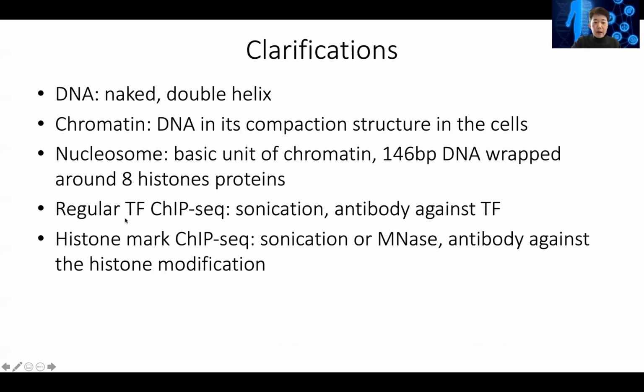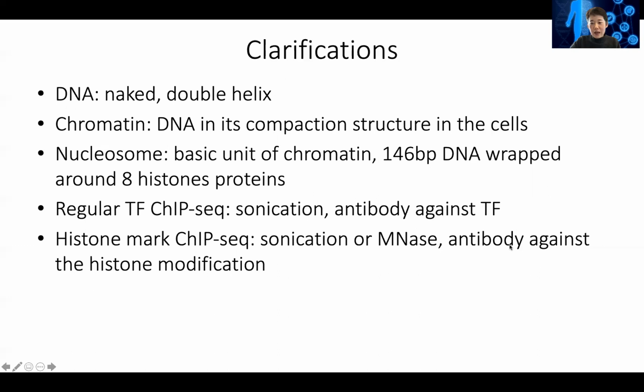And for regular transcription factor ChIP-seq, you use sonication to fragment the DNA. You use the antibody against the transcription factor that binds to the DNA. For histone mark ChIP-seq, you can use sonication, or you can use micrococcal nuclease. Basically, you cut on all the nucleosome-free regions, and you collect all the nucleosomes like pearls with the DNA still around them.